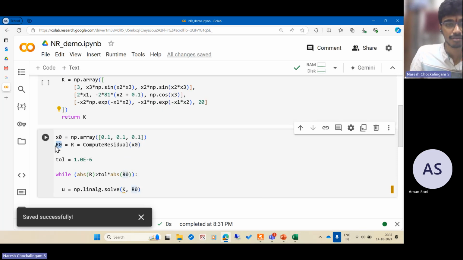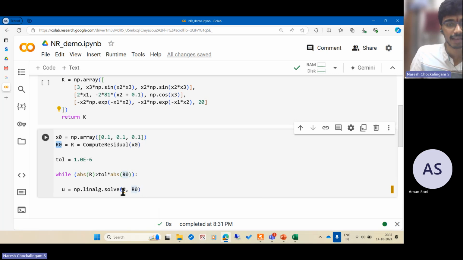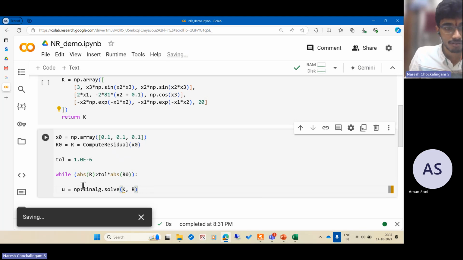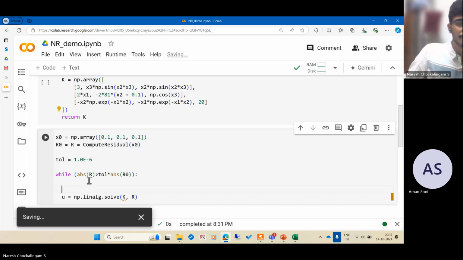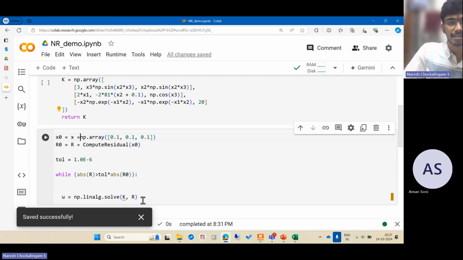R naught is our right hand side. If you are solving Ax equal to B, K is the matrix and R naught is the residual. Initially it's not R naught, it's R. At every step you get R. Here also X naught is equal to X, the current iterate.